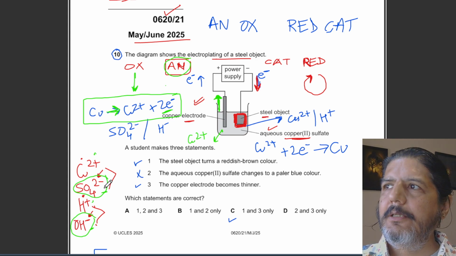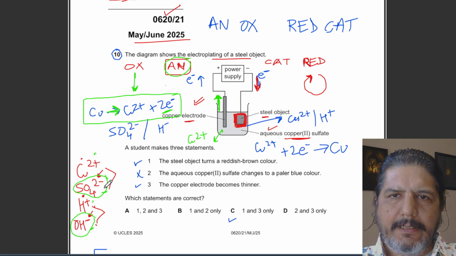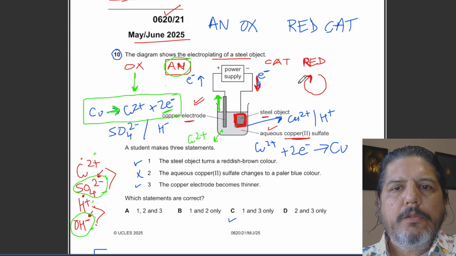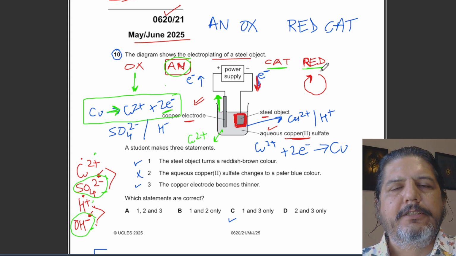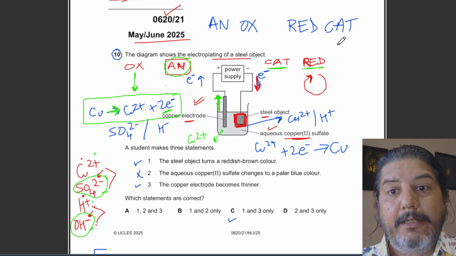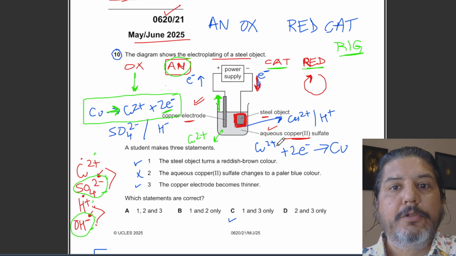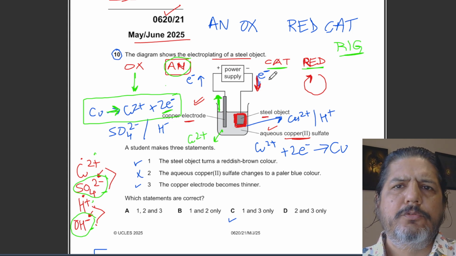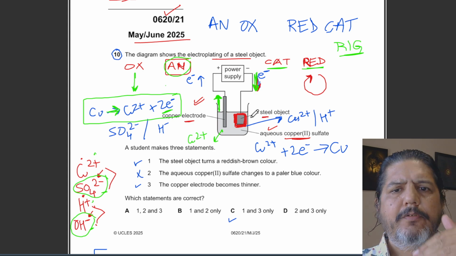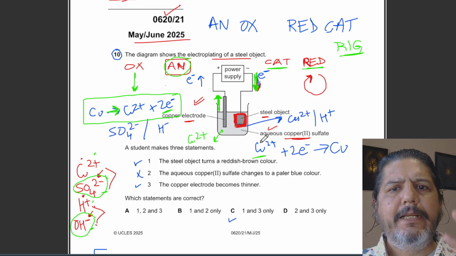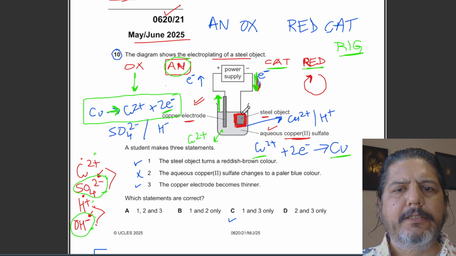On the cathode side, there will be a reduction. Reduction is gain of electrons. So Cu2+ will take two electrons. Just to visualize again, imagine two electrons are coming from above. The Cu2+ will eat these two electrons and become Cu, and the Cu will get deposited here.